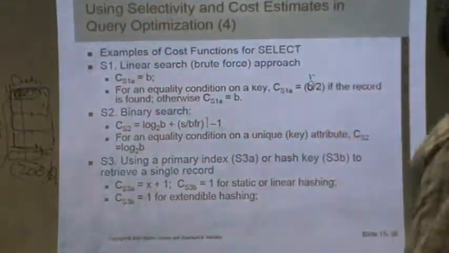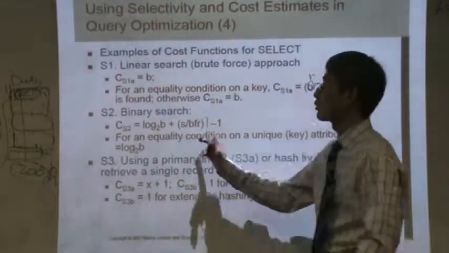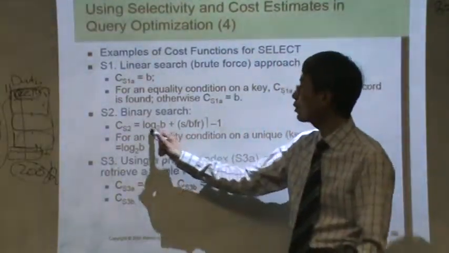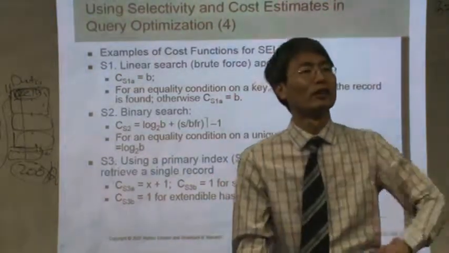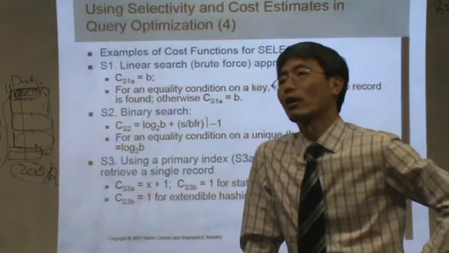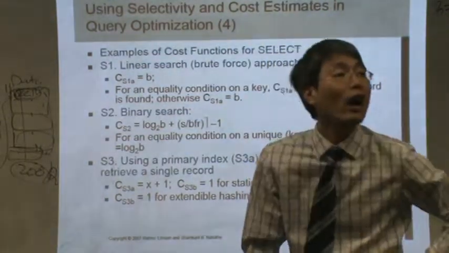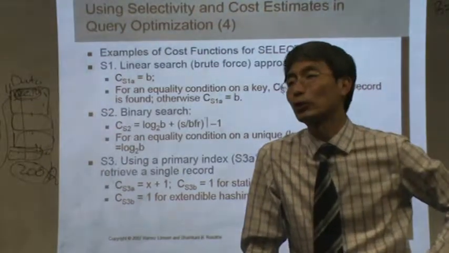However, in our case, we are not going to use such an ordered data file, so you don't have to worry. However, in case you have, it can be log B based on 2. Why? You already learned it in your advanced data structure or algorithm course, 502.